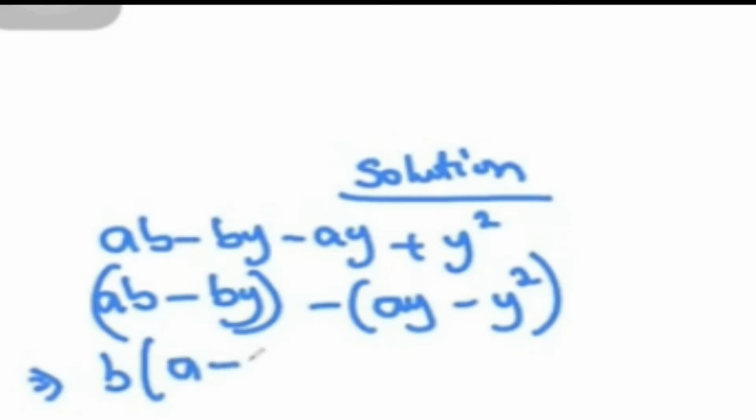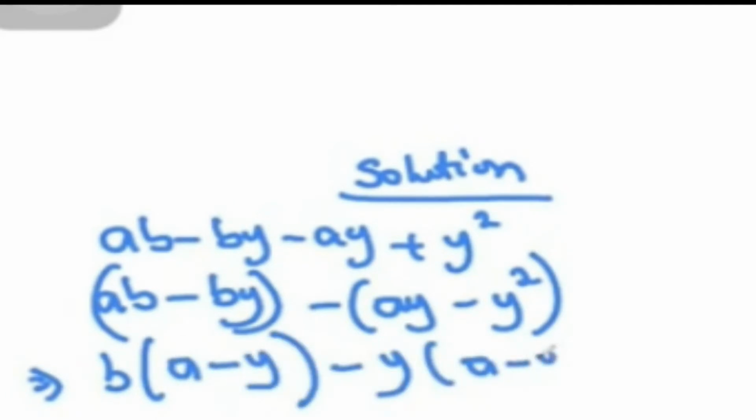A minus y. A minus y. And always ensure that the members inside both brackets are the same. The moment you get something different here, it means you are getting something wrong. Go back and check your solution again. You have to get the members in both brackets to be the same.